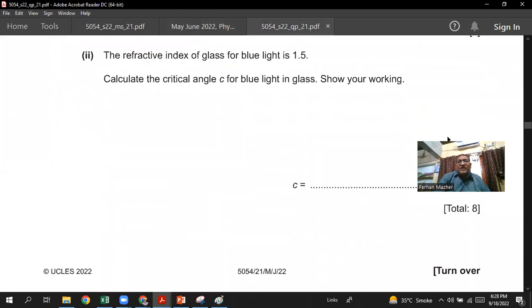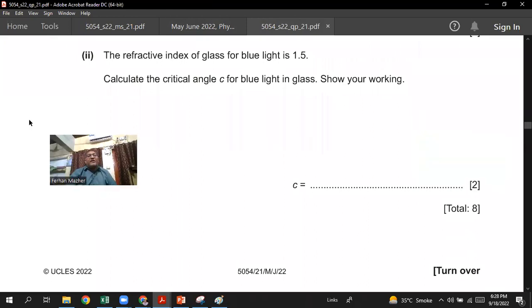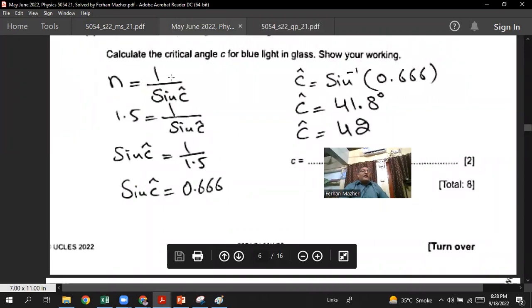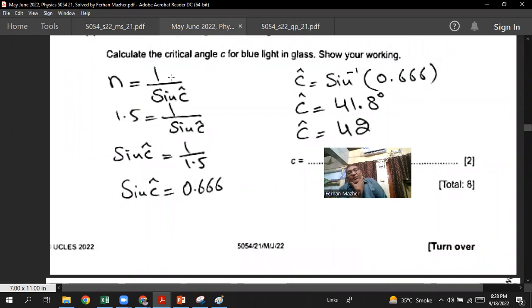Then the question says the refractive index of the glass for the blue light is 1.5. Calculate the critical angle C for the blue light in the glass, showing your working. You know, n equals 1 divided by sine C, a famous formula for the critical angle and the refractive index. So 1.5 equals 1 by sine C, so sine C will be 1 divided by 1.5, which equals 0.666.